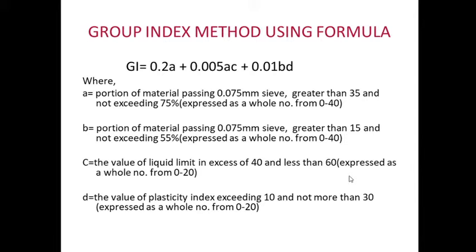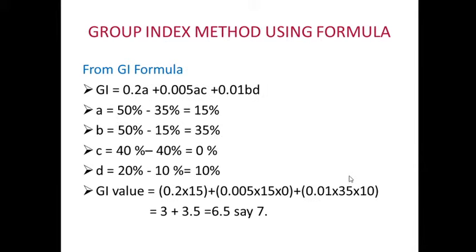Next, the group index method using the formula. A, we already discussed, is greater than 35 and not exceeding 75. In our problem, the soil portion passing the 0.75 mm sieve is 50%, so A is equal to 50% minus 35%, which gives 15%.